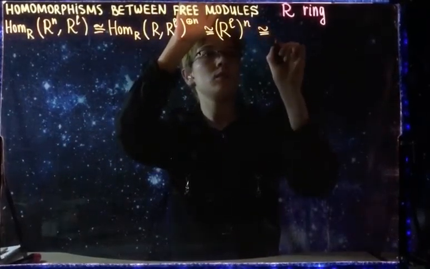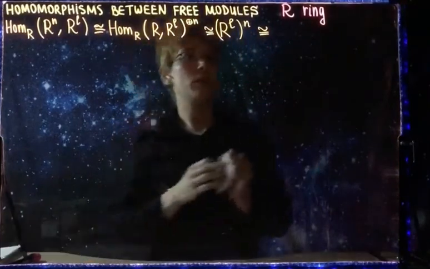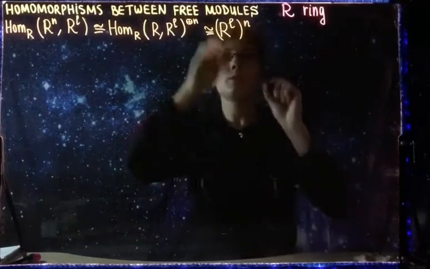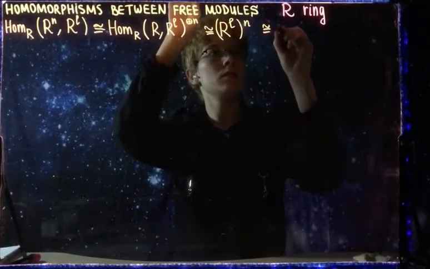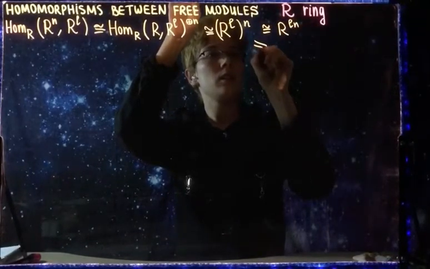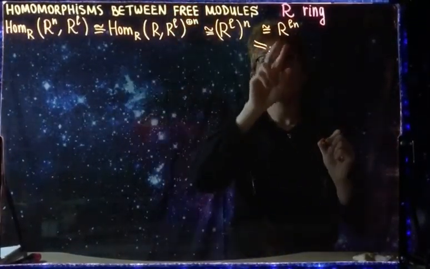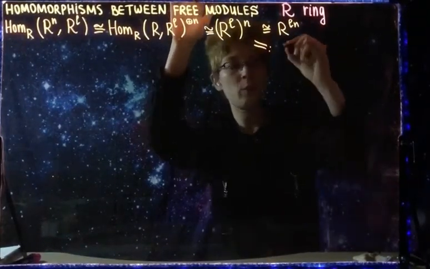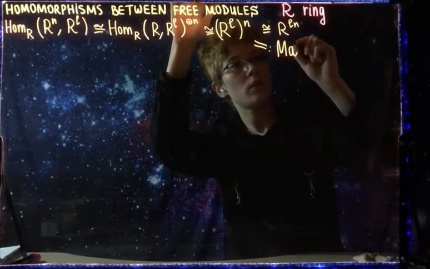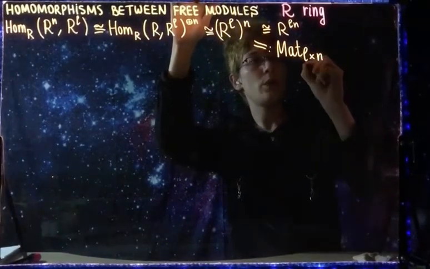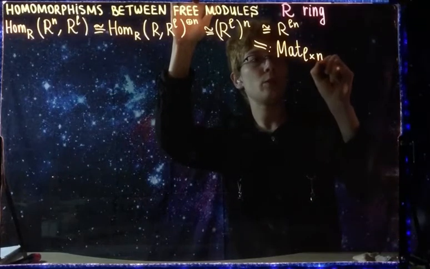And this is isomorphic to R to the power ln. But instead of just writing these long tuples, we will organize them into a table called a matrix. And we denote this set by Mat, matrices with l rows and n columns.